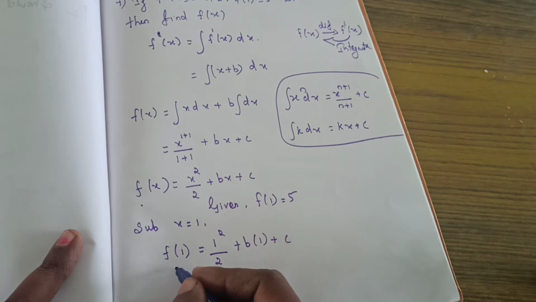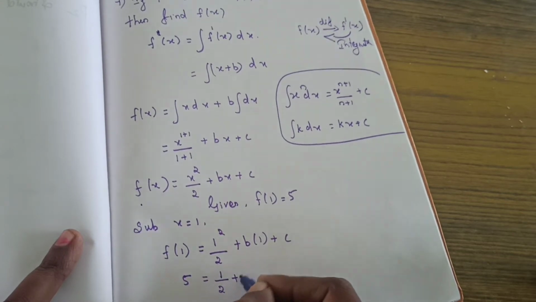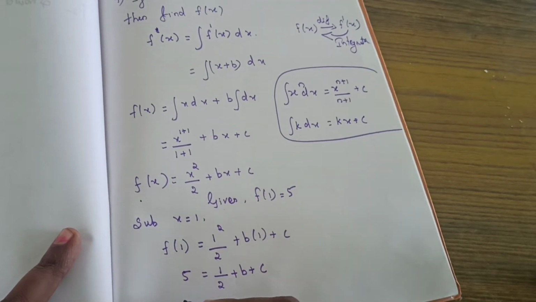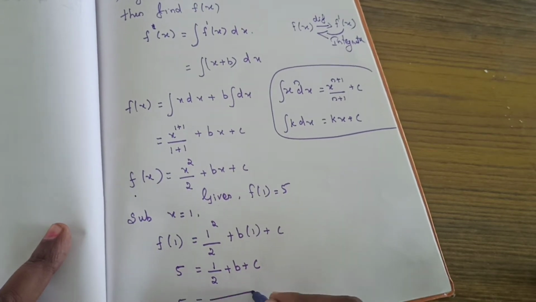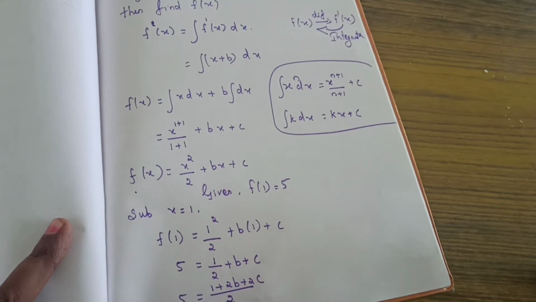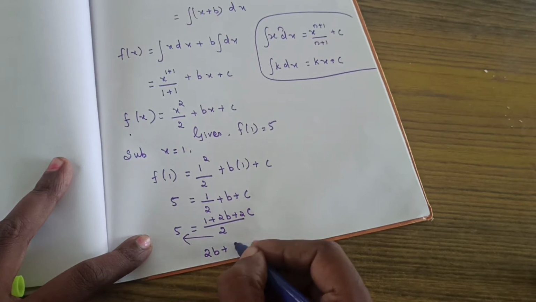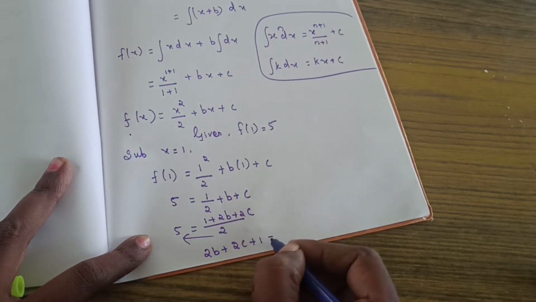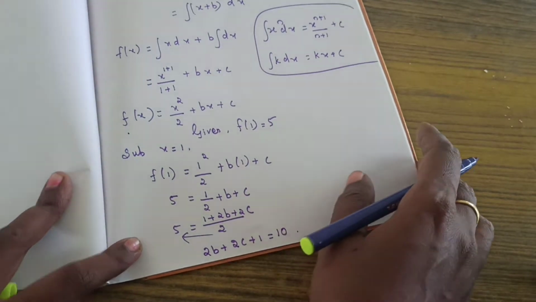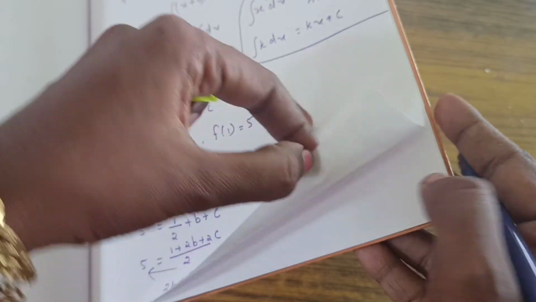So 5 is equal to 1 by 2 plus b plus c. Now take the LCM here. 2 is the LCM. So 1 plus 2b plus 2c. Bring this 2 to here, so what will happen? 10, is it right? So 2b plus 2c plus 1 is equal to 10.